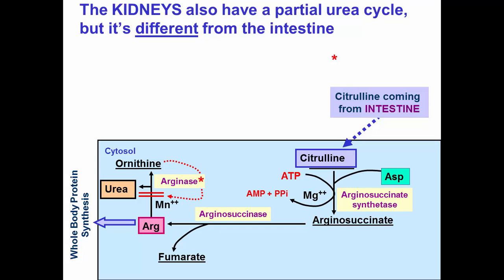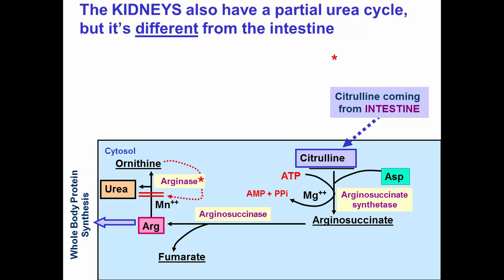Okay, so we're deviating from the intestine now to the kidneys. I think this is my last slide anyway. Just a sneak preview of the kidneys. The citrulline is coming in from the intestine, and it has these two enzymes primarily.